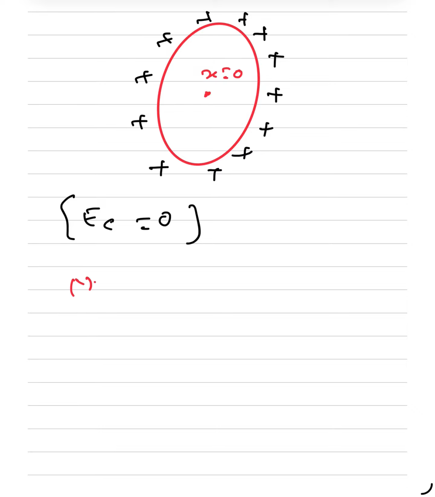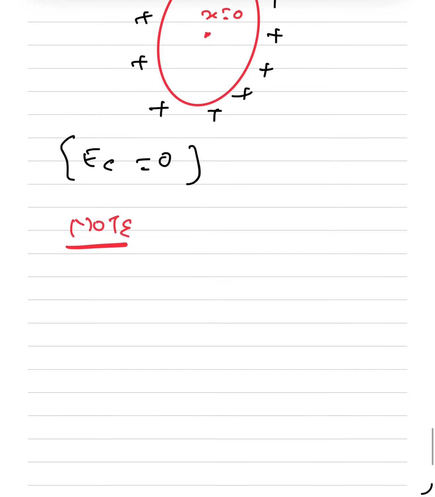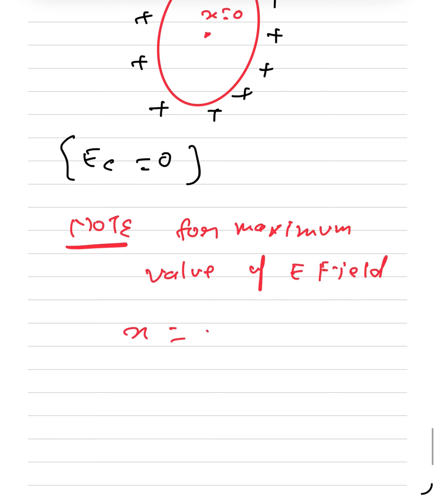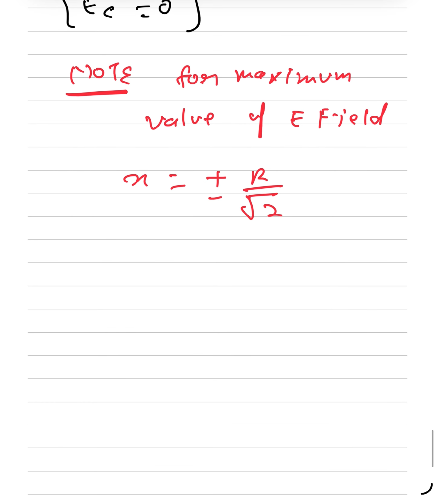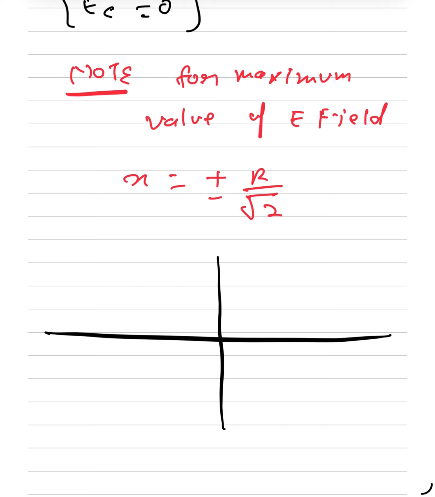and for the maximum value of the electric field, x equals plus or minus r divided by root 2, and from the graph the function looks like this.